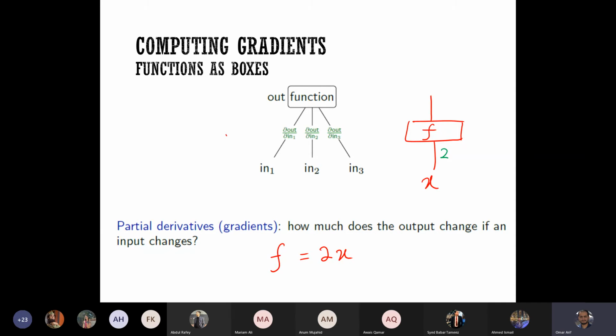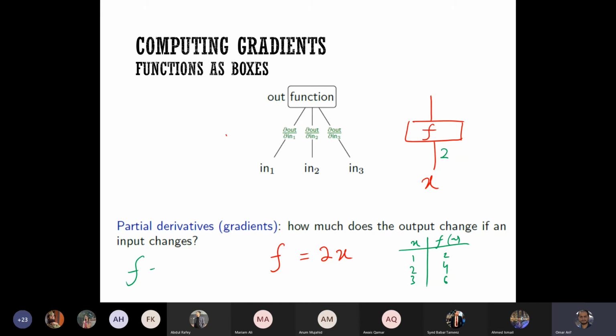So what this 2 is telling me is that if I change x by 1 unit, my output is going to change by 2 units. For example, if x is 1, my output is 2. If this is 2, it is 4. If this is 3, this is 6. So this is how my output is going to change. So this 2 is telling me that.